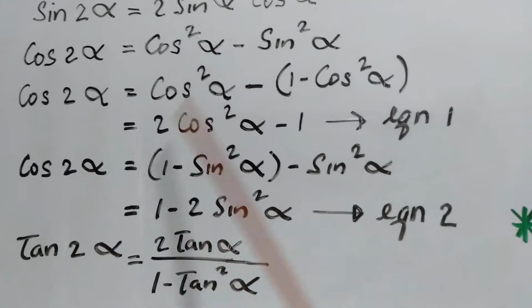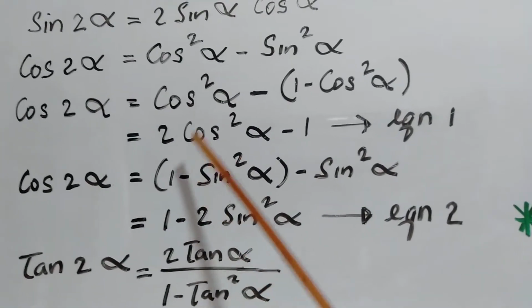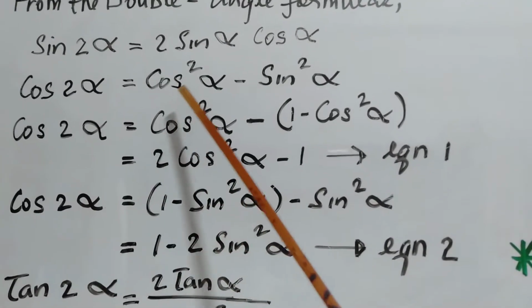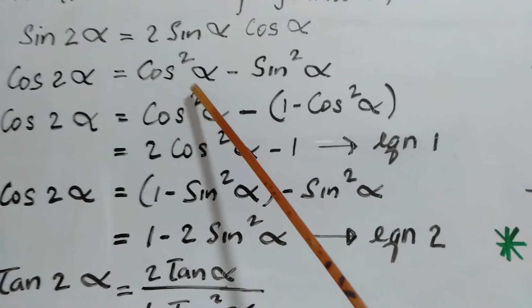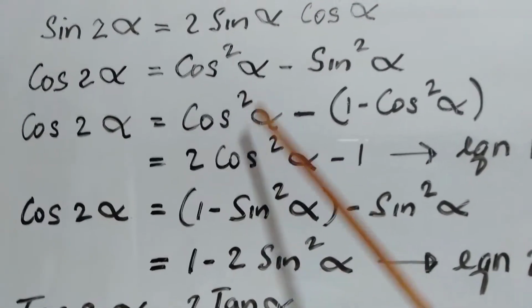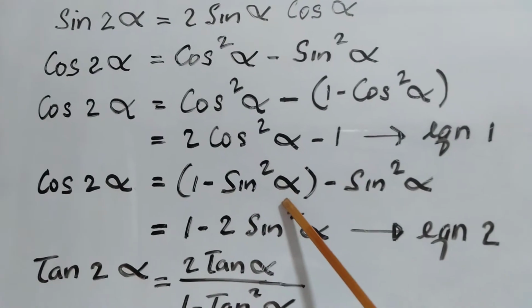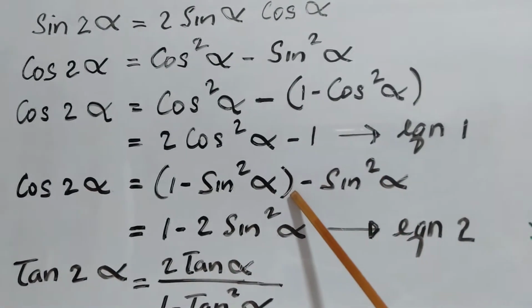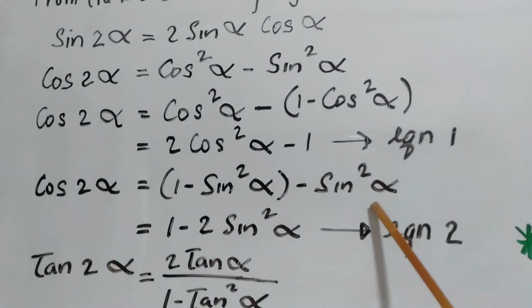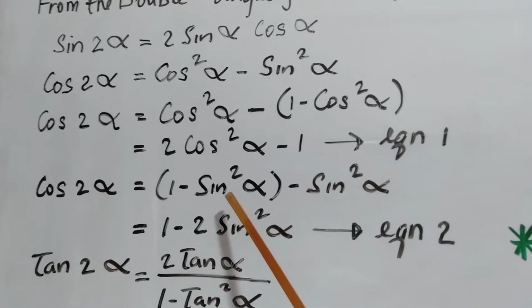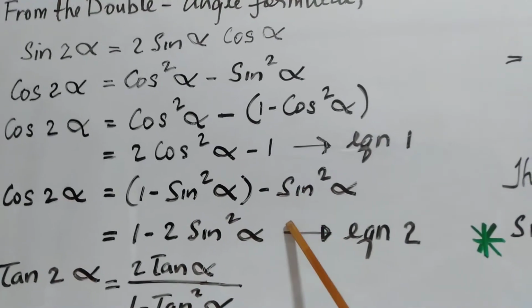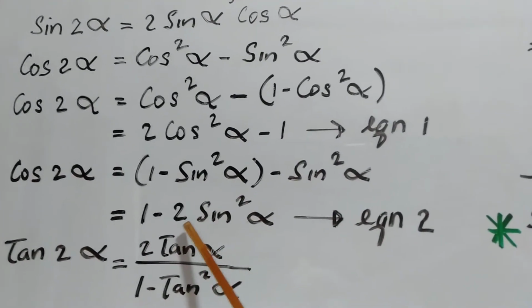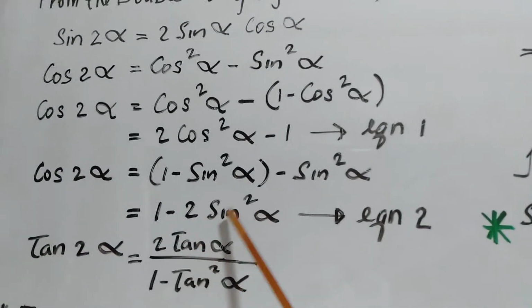So we go back to cosine 2 alpha. This cosine squared alpha is equal to 1 minus sine squared alpha, and this one we just copy, minus sine squared alpha. If you will notice, negative sine squared alpha minus sine squared alpha is equal to negative 2 sine squared alpha.